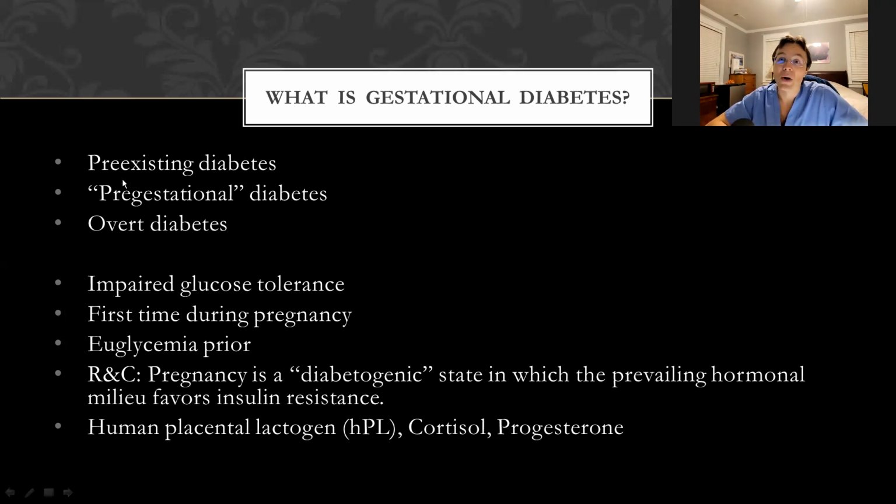Or some physicians like to call it pregestational diabetes, meaning the patient was already diabetic, and then you have a pregnant woman on top of that. Yeah, am I actually exacerbating it further? All right. And also you may hear them using the term overt diabetes.